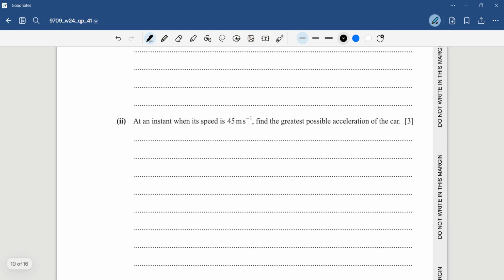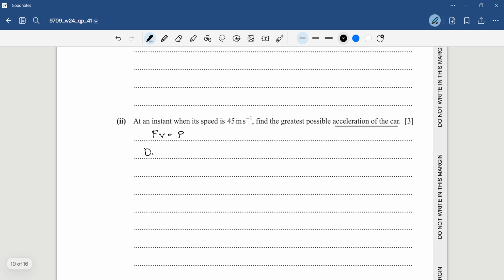But part two, at an instant when the speed is 45, find the greatest possible acceleration. So at the speed of this, it's going to be the same. Your Fv is equivalent to power. We're talking about the car, so it's going to be driving force.